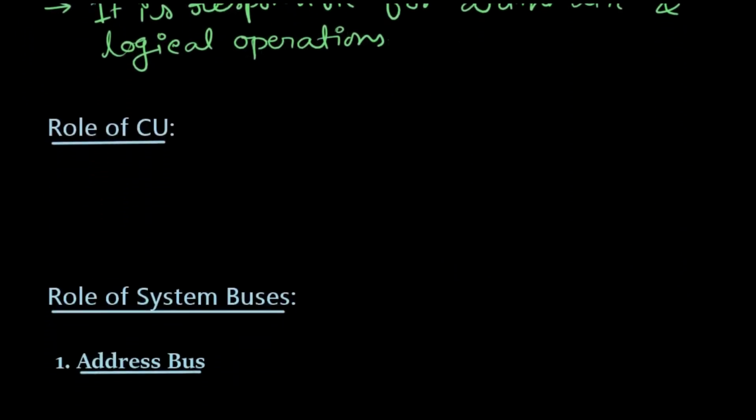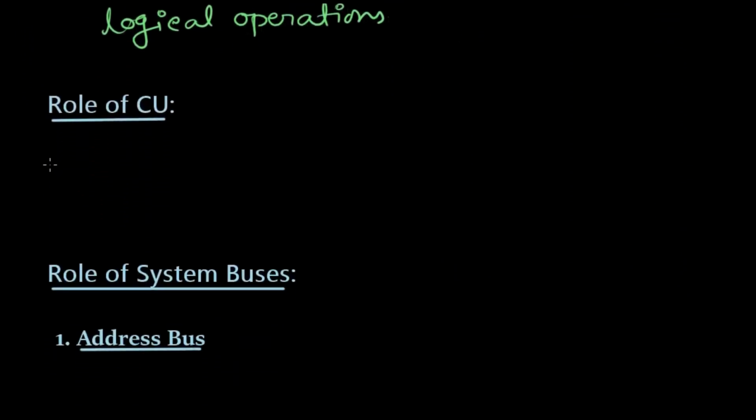Now, what is the role of the control unit? As I told you, decoding takes place inside the control unit. So its purpose is to decode the instructions. And after decoding, a computer has to be given some signals.